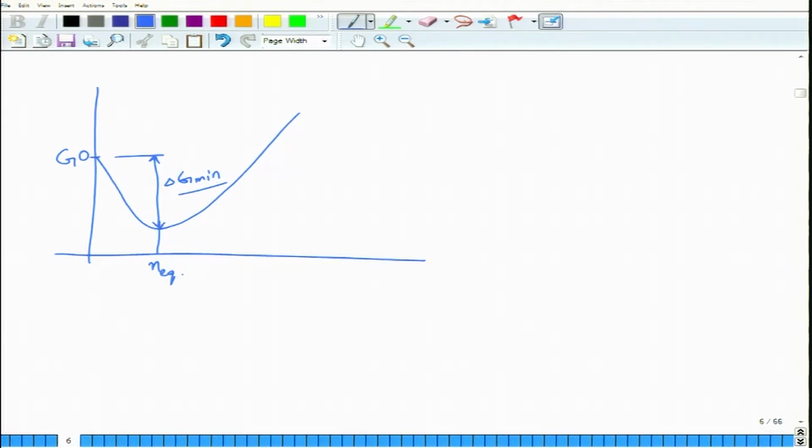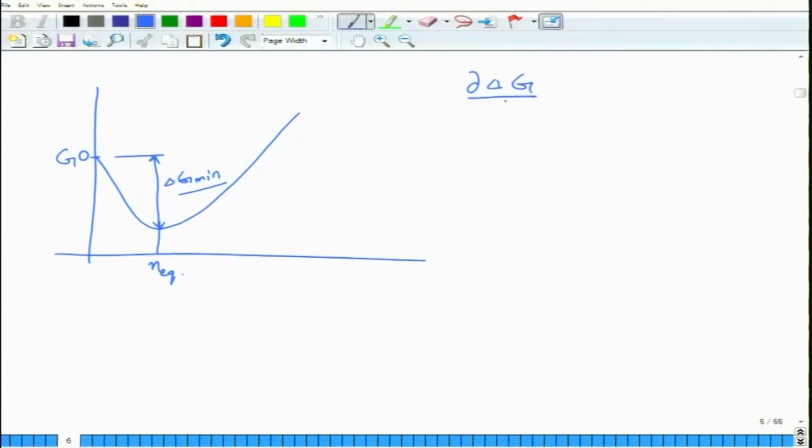So, when you introduce vacancies, and if vacancies are indeed stable defects, that means delta G should show a minimum at a certain concentration, which means ∂(delta G)/∂n is 0 at n equal to n equilibrium.